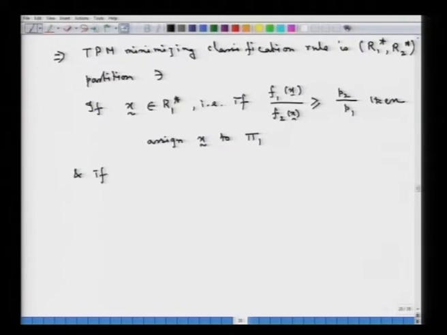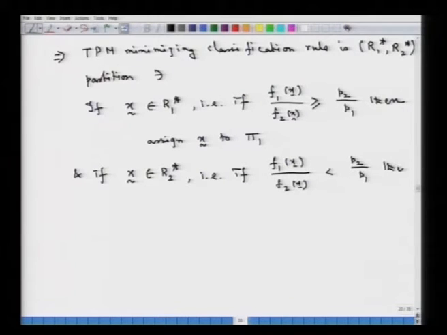And if x belongs to R2 star, the complementary region of R1 star, that is, if F1 x by F2 x is strictly less than P2 by P1, then assign that x to the second population, pi 2. So, this is the classification rule which minimizes the total probability of misclassification.